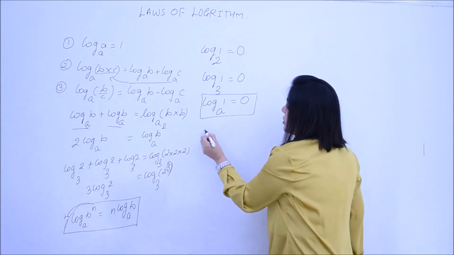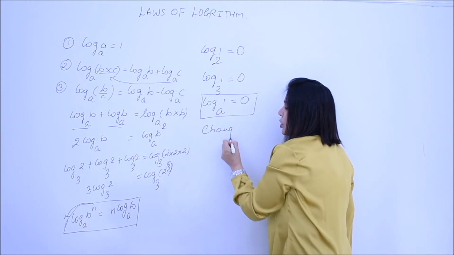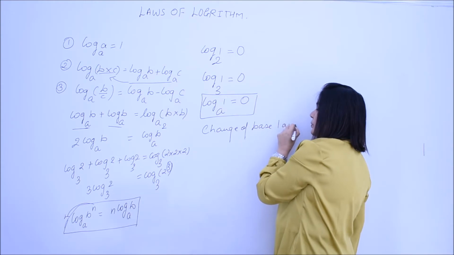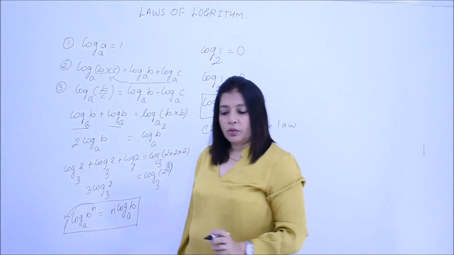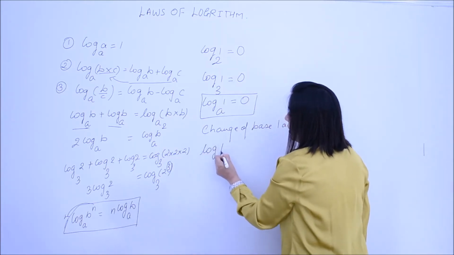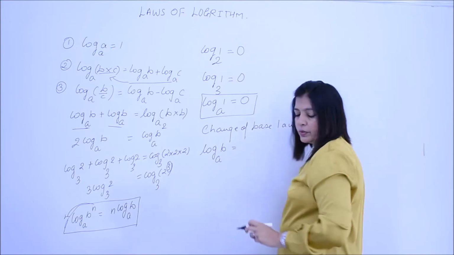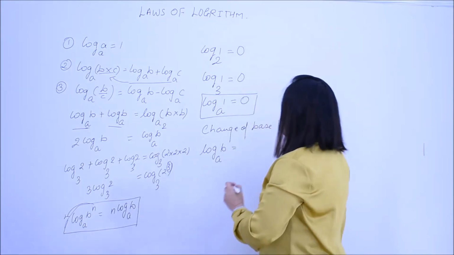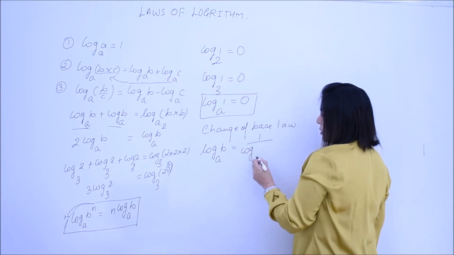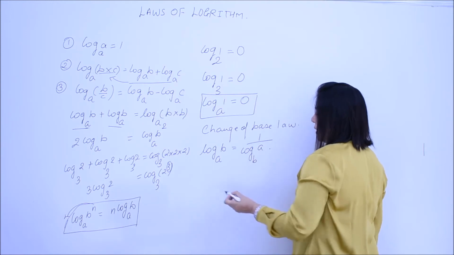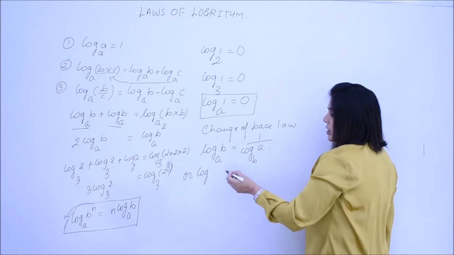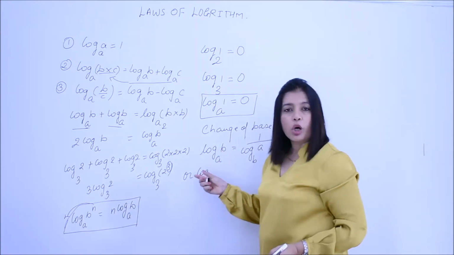Now the next derivation we'll see is for the change of base law. First let's write down the law. The law says that if I have log a b, then I can write this as 1 upon log b a, or I can change the base and make 2 logs out of this.